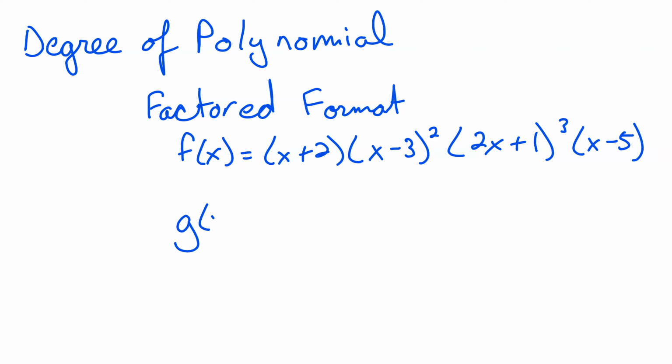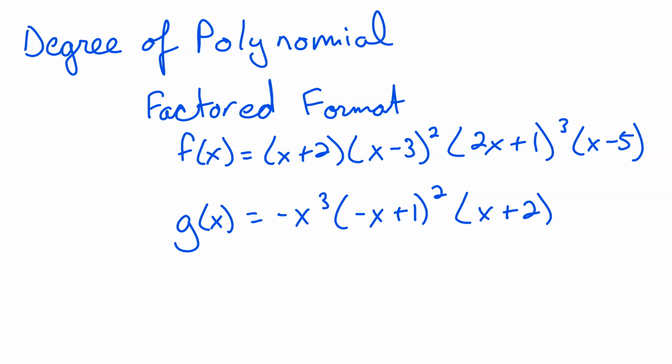We also might have a g of x is equal to maybe a negative x to the third times a negative x plus 1 squared times an x plus 2 times an x minus 1. Things of this nature.